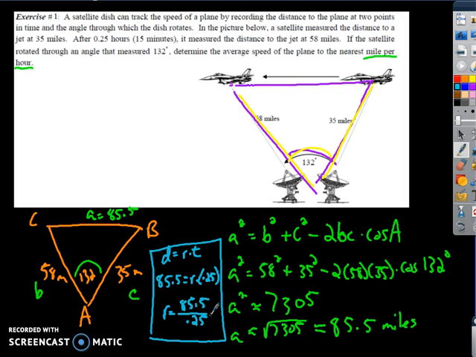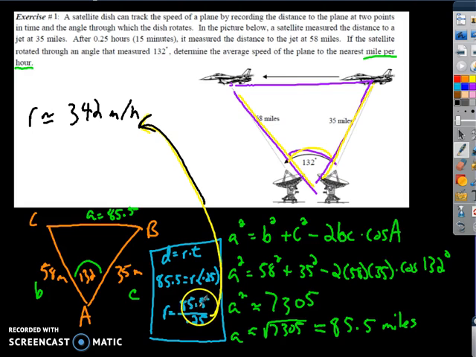And if you plug it into your calculator, your rate is, and I'll move the answer up here, r is about 342 miles an hour. Because I took miles and I divided by hours. That's why it's miles divided by hours, miles per hour. So that's how fast the plane is going, 342 miles per hour.